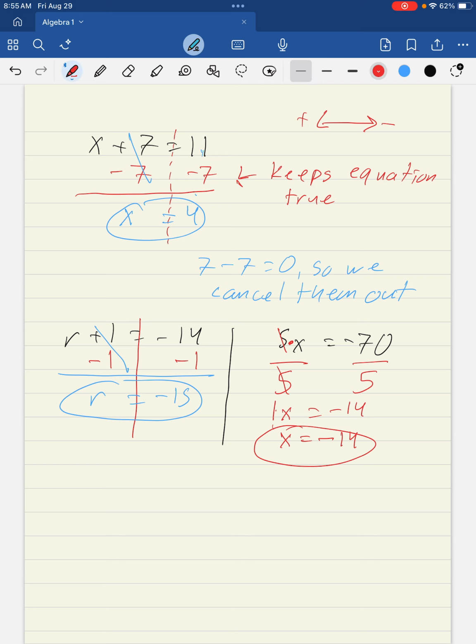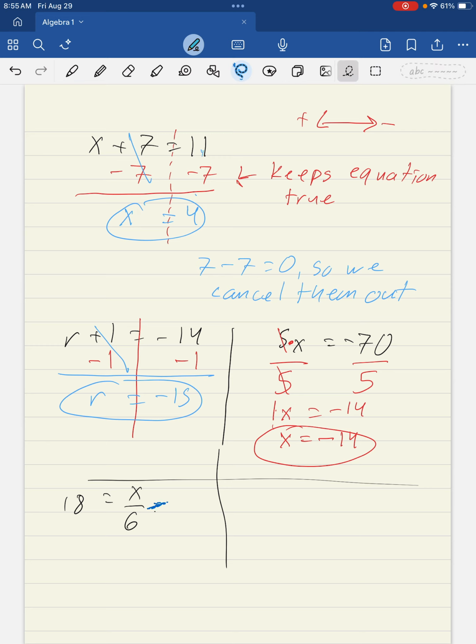Back to our problems. If I was to do a couple more, how about 18 equals x over 6? What sign is this? The fraction bar is really a division. So I'm dividing by 6.